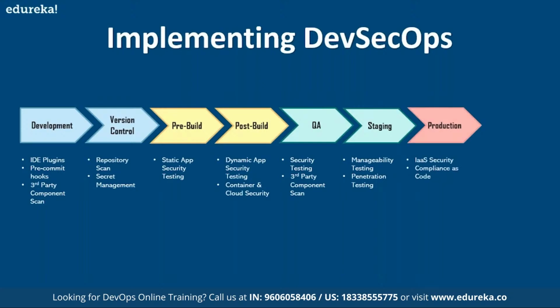At the production stage, wherever you're deploying the model, we'll have to check the security of that infrastructure as a service and the compliance of the code. Once it is productionized, during the monitoring stage, all the security monitoring and alerting will be taken into action.